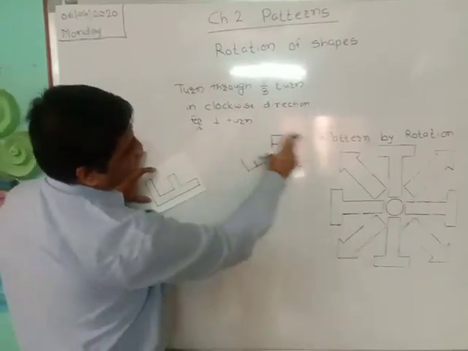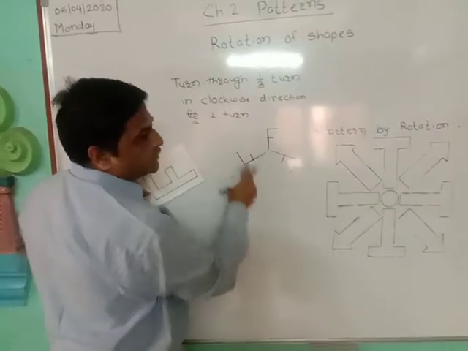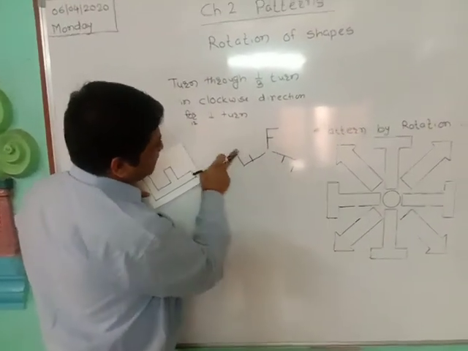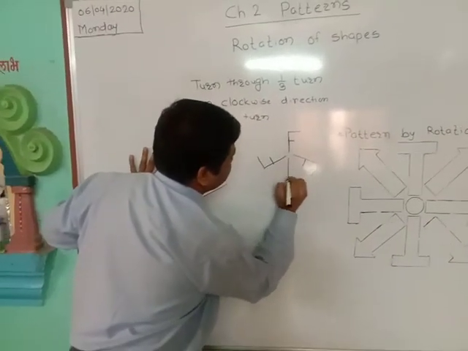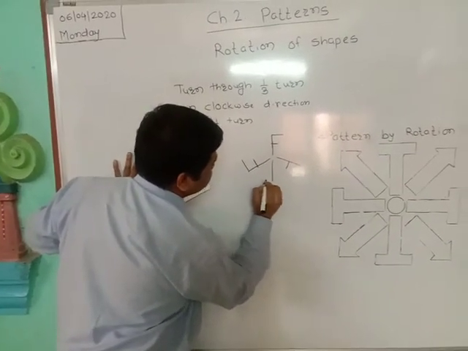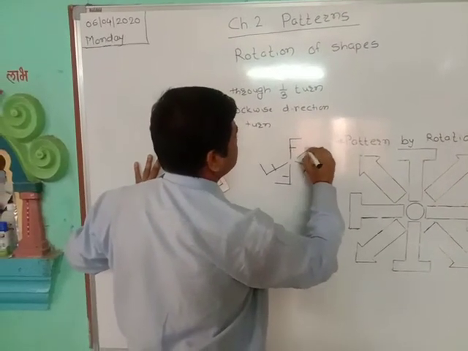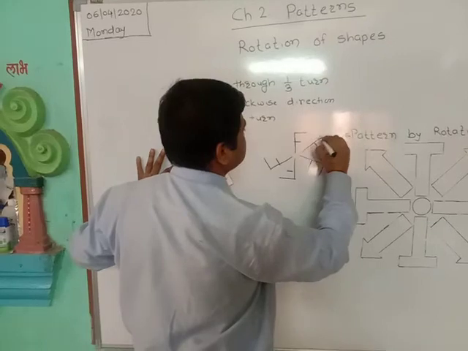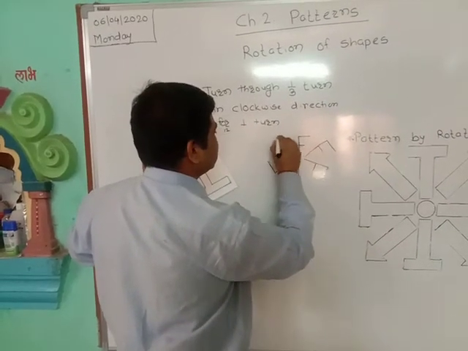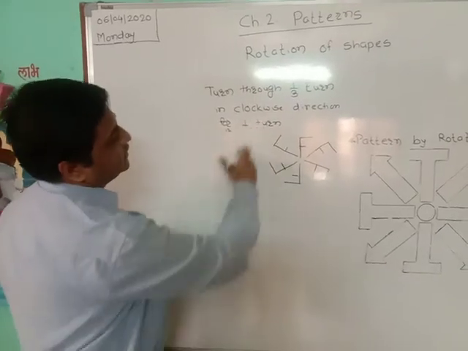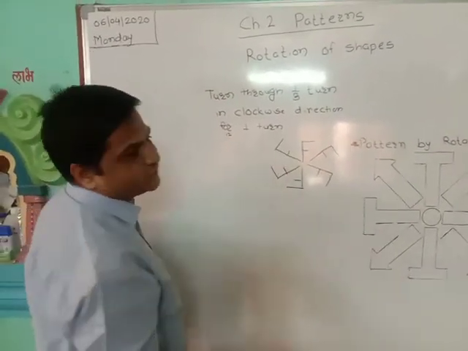So we are getting a beautiful pattern by just turning F in clockwise or anti-clockwise direction, turning in a particular interval. You can see that just turning F in clockwise or anti-clockwise direction, we are getting a beautiful pattern.